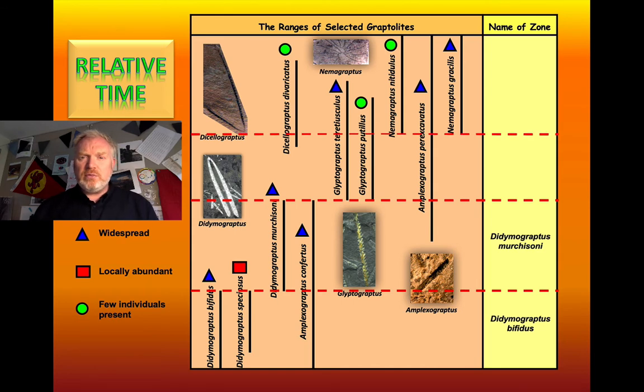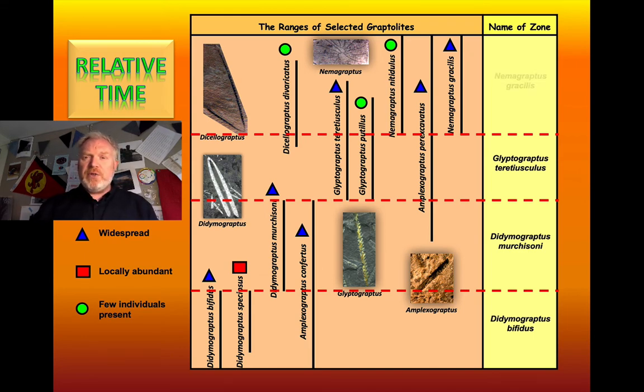My next zone is there. Now, this is the tricky one. It doesn't really finish on the extinction of any one particular species. But I've called that after Glyptograptus teretiusculus because it represents that time zone. But notice it's not unique to that time zone.